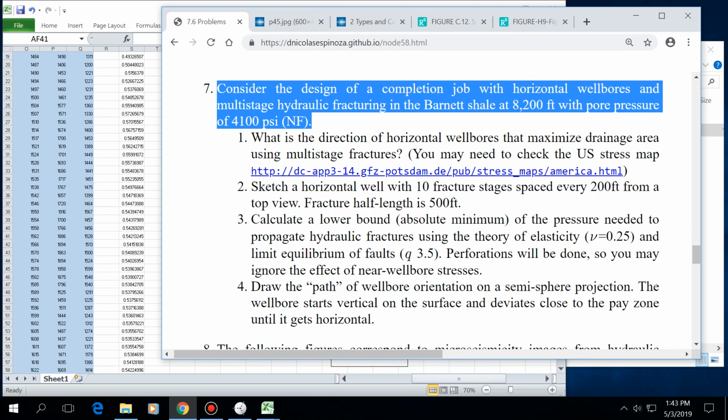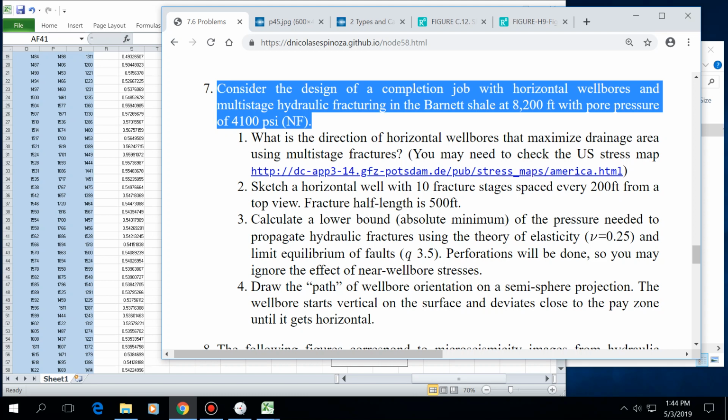And with that, you have to do a schematic of what would be the direction of the wellbore, the spacing between stages, and you also have to calculate what would be the pressure needed to open up the fractures at that particular location. So basically you have to calculate the minimum principal stress.